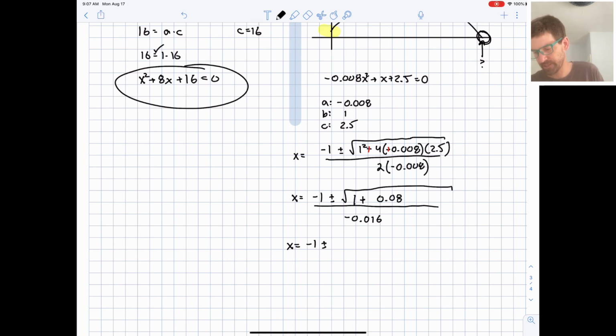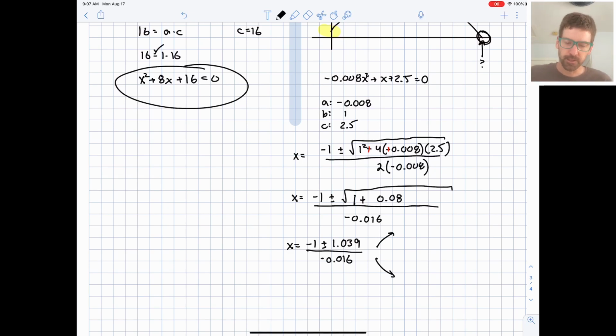That's what that discriminant ends up being. I'll round to 3 decimal places here. So negative 1 plus or minus 1.039, all over negative 0.016.